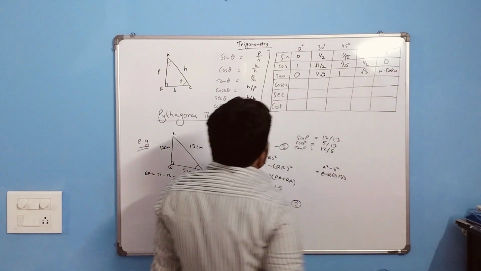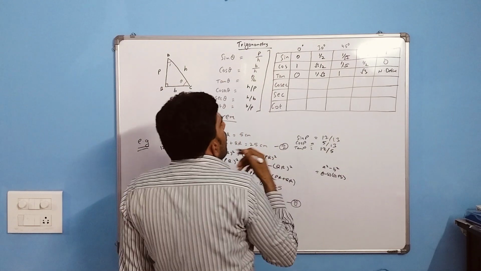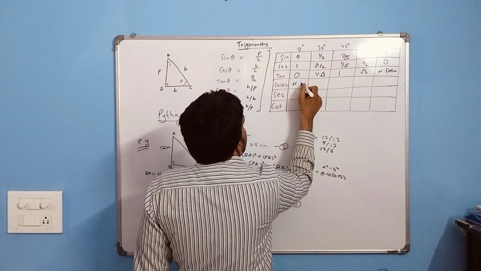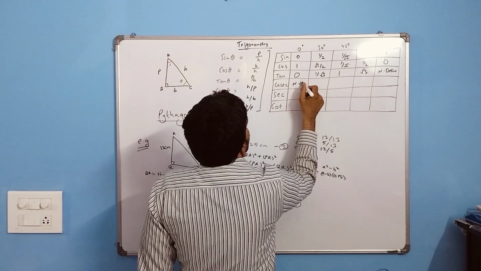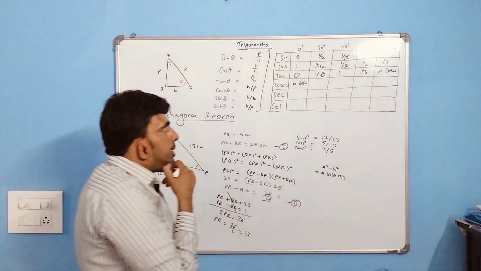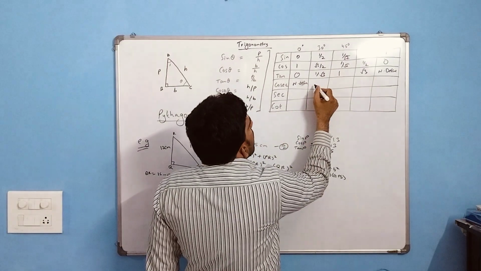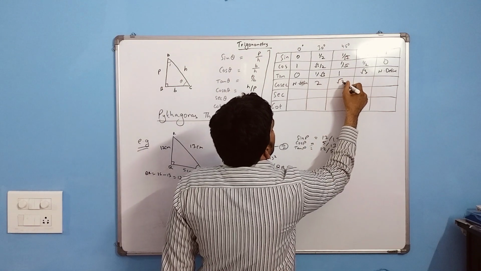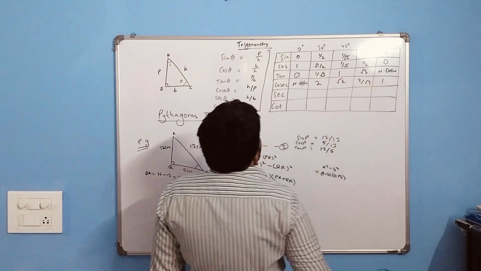Okay, like this. Now what about cosec? How will you find the cosec value? Here also you write not defined for 0. I will tell you how this value comes. Very easy table. You can easily learn from this. Then for 30 degree we get 2, for 45 it is root 2, for 60 it is 2 upon root 3, and for 90 it is 1.